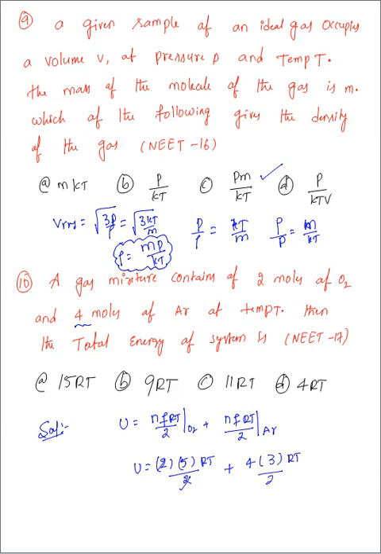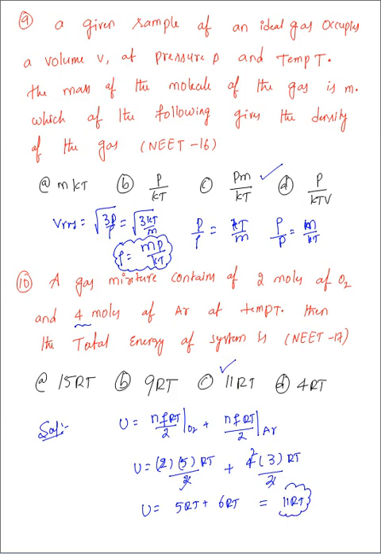So U equals 5RT plus 6RT. Therefore U equals 11RT. So we got option C, and this is also an easy level question if you know the basics.